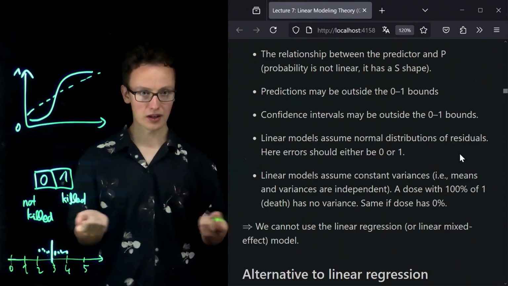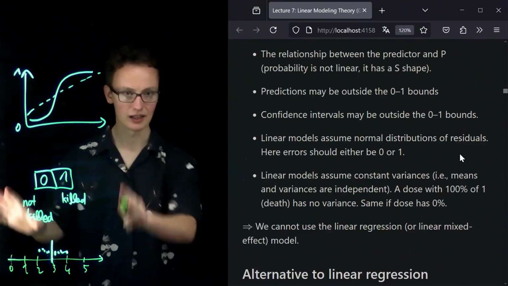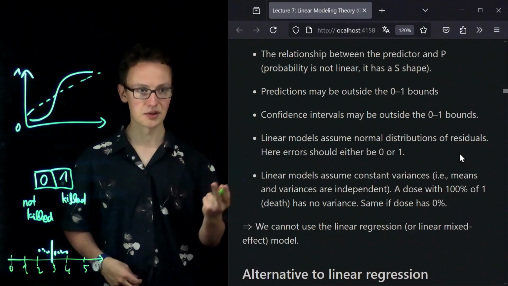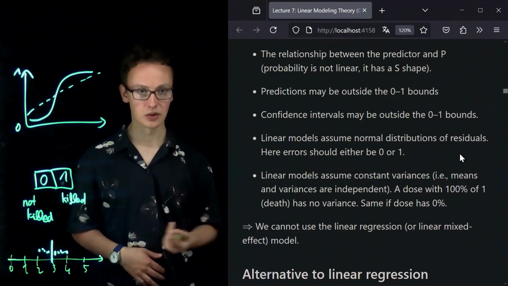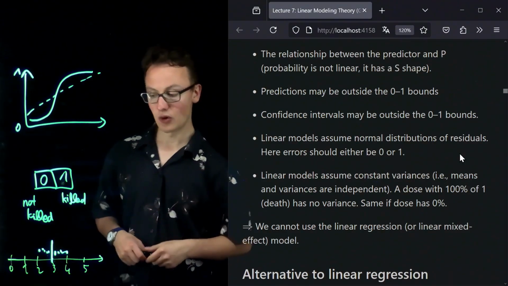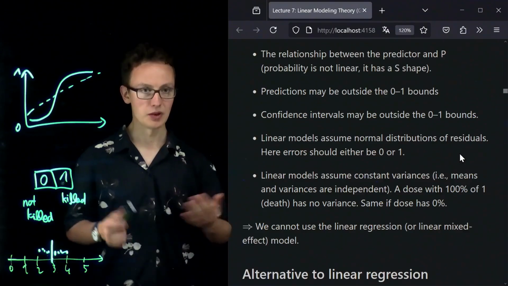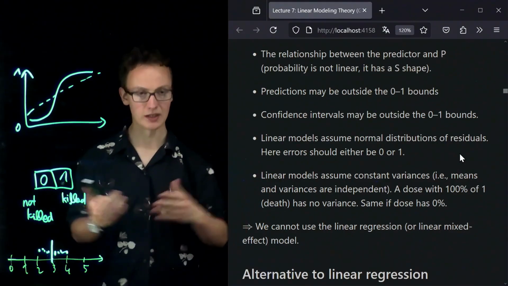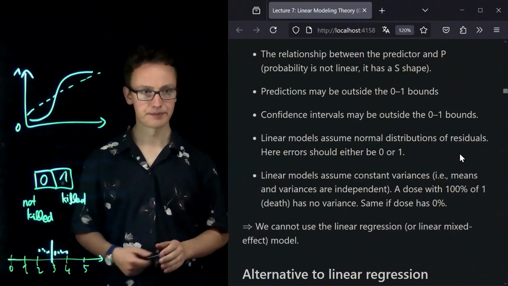So the error can only take two possible values underlyingly, okay? Which is either 1 or 0. And that is not at all compatible with the assumptions of a linear model, where you assume the residuals to be normally distributed, to have these continuous normally distributed values, right?